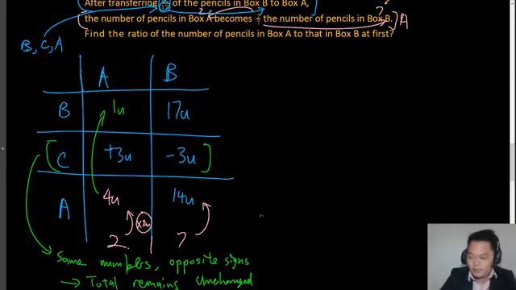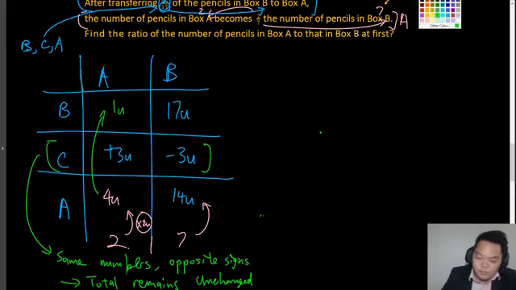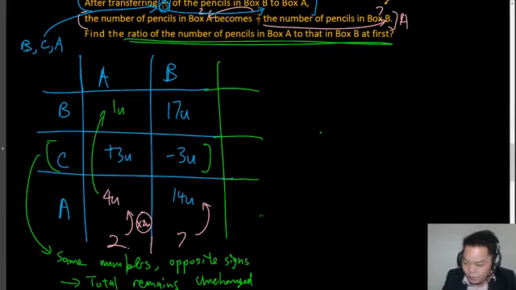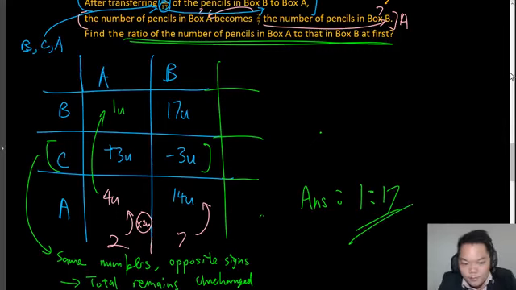Okay. So once you got that ready, you can already answer the question from here. What is the ratio of A to B at first? That ratio will be 1:17. Okay, very straightforward from here.